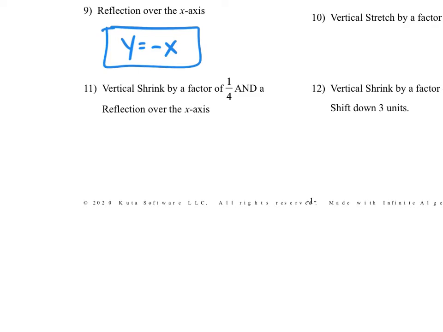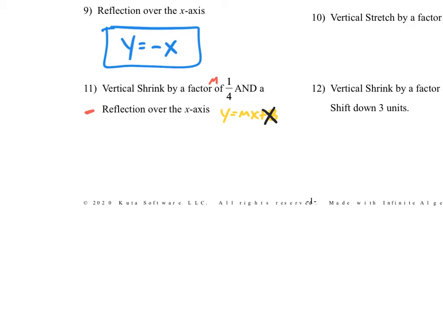I know that, and this is something that you can do. When it says a vertical shrink of 1/4, that's going to deal with my m, so I'm going to write an m next to it. The reflection over the x-axis, well, to be a reflection, I know it's got to have a negative sign, so I just write a little negative sign by it. Those are the only two that I'm looking at. So if I'm thinking of y equals mx plus b, what am I not going to have here?